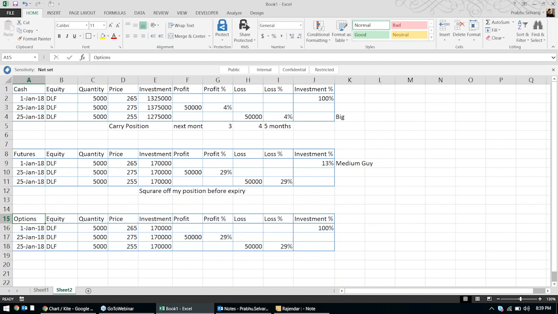Now the third set of people are small traders, with small capital, who will say, sir, I cannot bring 13 lakh, nor can I put 1,70,000. My capacity is only 25,000 rupees, not more than that. For those kinds of people, they will buy one lot of DLF by paying a premium of 5 rupees with an investment of 25,000 rupees.